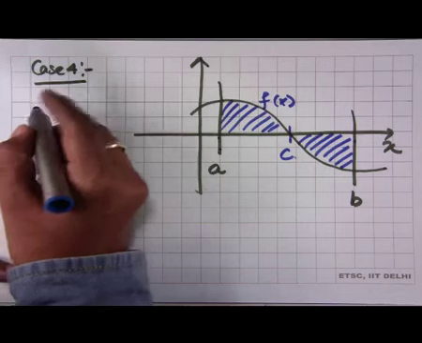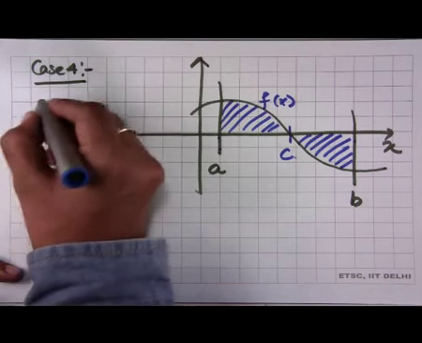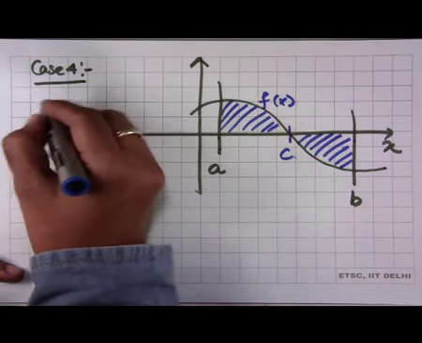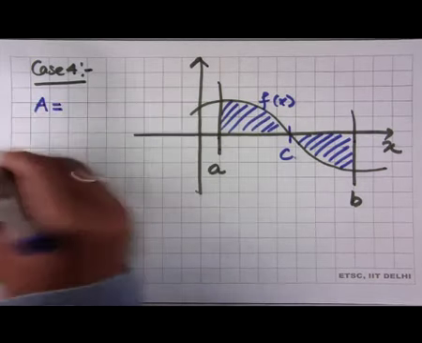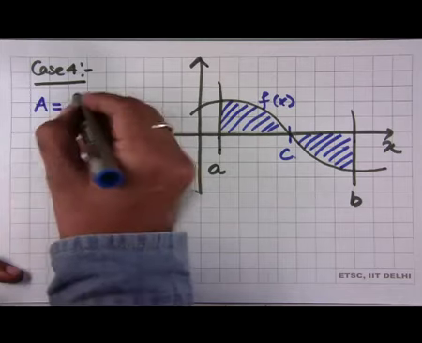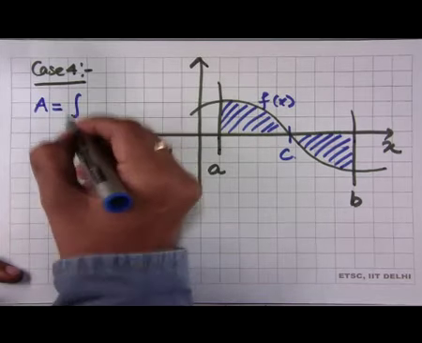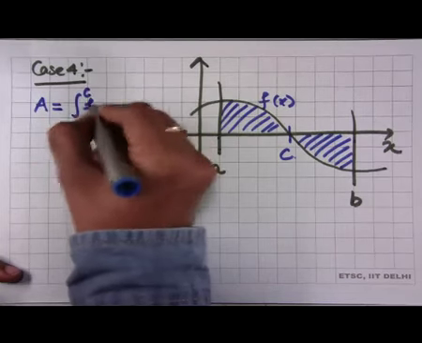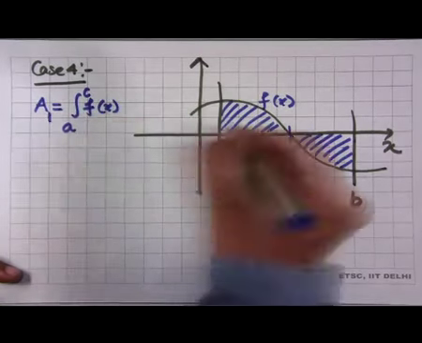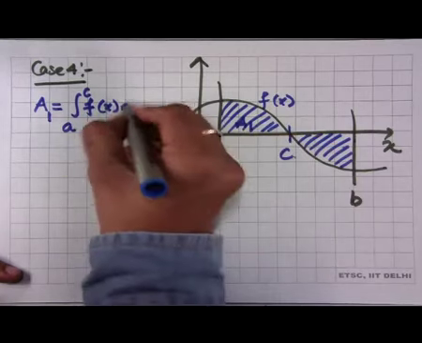So in this case the total area A you will not be able to get by directly integrating it from a to b. So you have to integrate and get, say, area A1 from a to c.